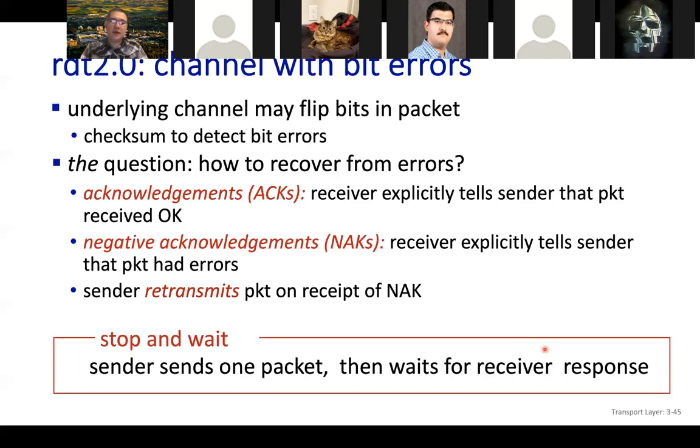Okay, so what about if the packet is broken or something? The principle here is that you just stop and wait. The sender sends one packet and waits until it receives the response, because you want to guarantee there is no packet lost and the packets are received in order.